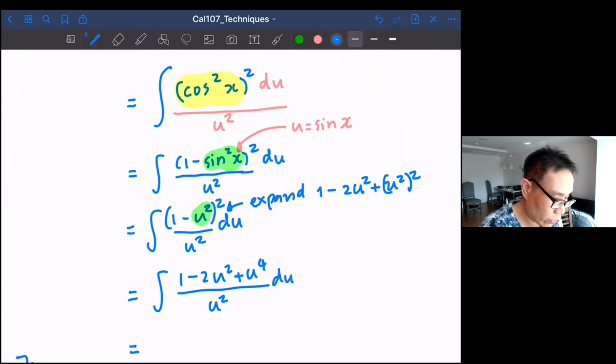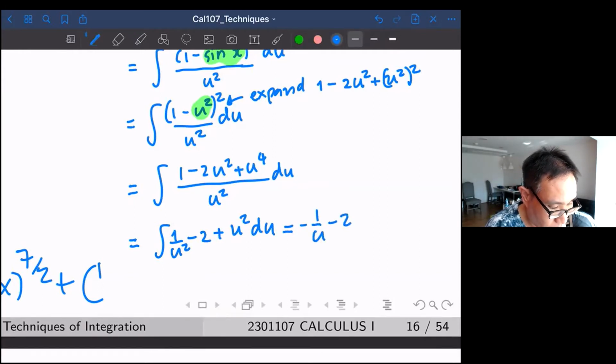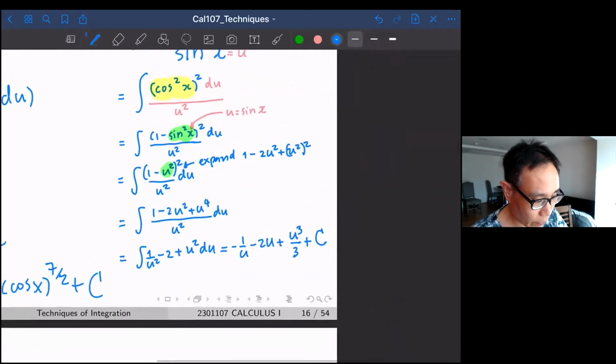So you're going to have the integral of 1 over u squared minus 2 plus u squared du, and this allows you to get negative 1 over u minus 2u plus u cubed over 3 plus c.